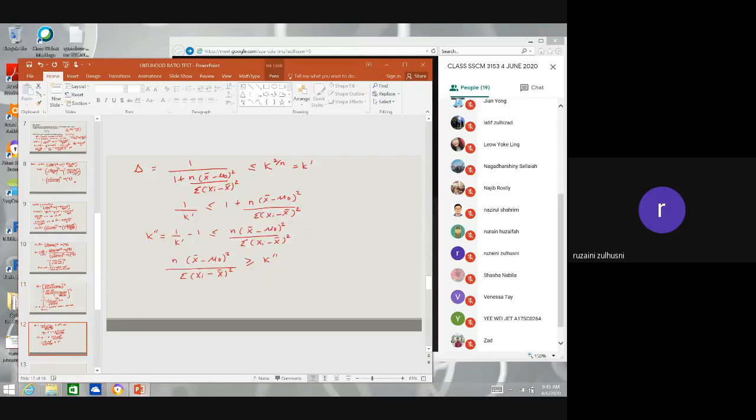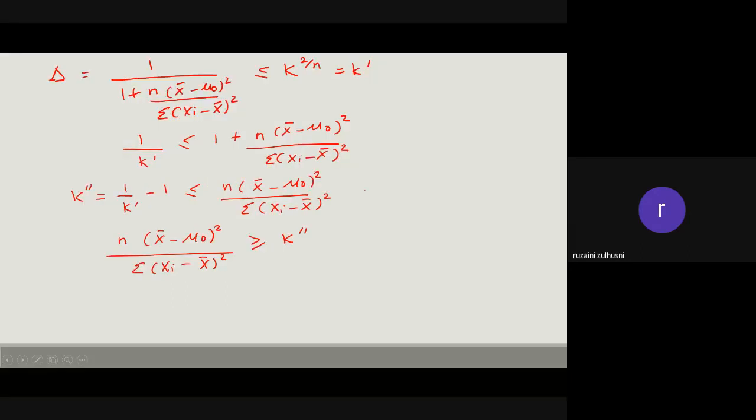Okay, K to the power n is replaced by K prime because K is just a constant, nothing special, a constant value. So again, you will have the last term, you will have this one. Okay. Up to here, you will have n x bar minus mu naught square over summation xi minus x bar square greater than or equals to K double prime.